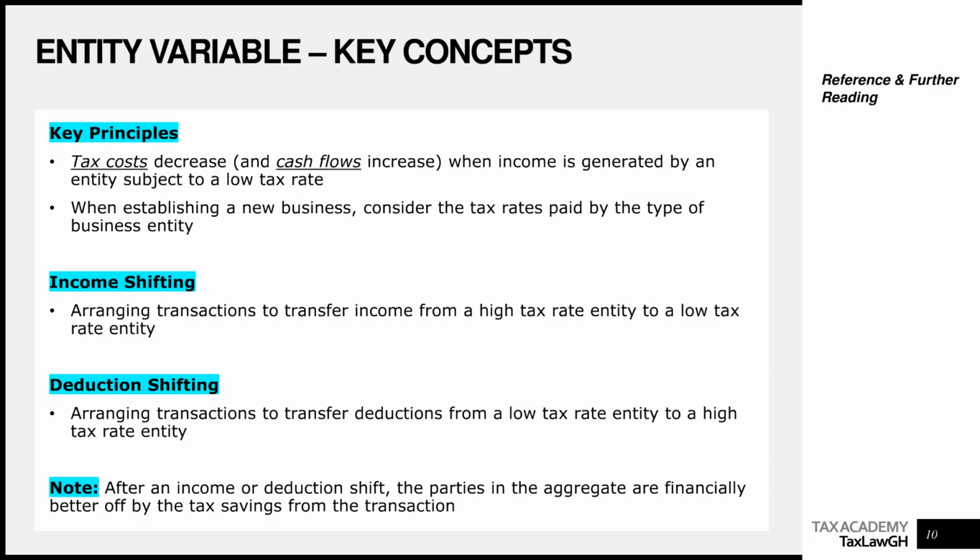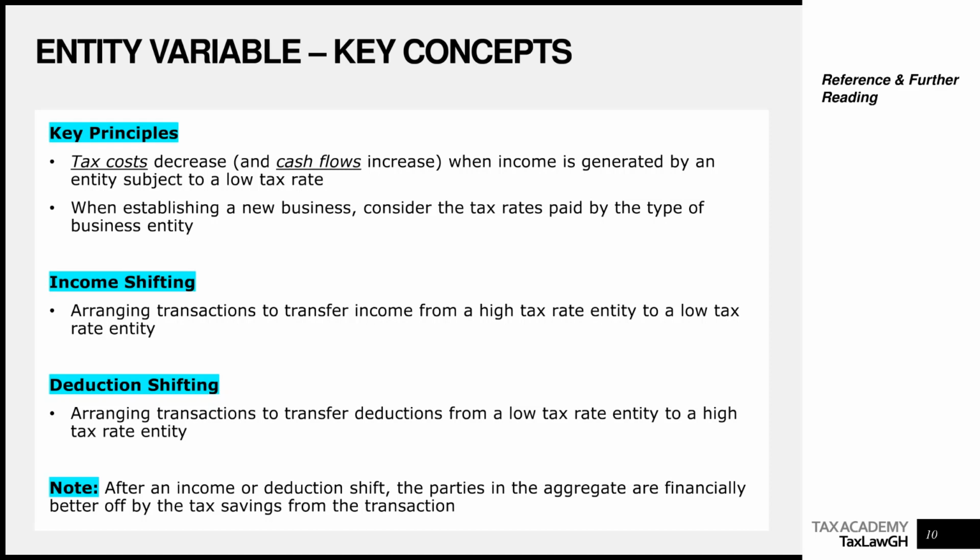So the entity type you choose, the entity registration you end up with, will it be a sole proprietor? Will it be a company limited by a guarantee? And if it's a company limited by a guarantee, then you need to think about things like, if you're a charitable organization, do you have the Commissioner General's approval under Section 97? Right? So all of these different factors will come into play when it comes to deciding the entity and the tax that will end up being levied on that entity.